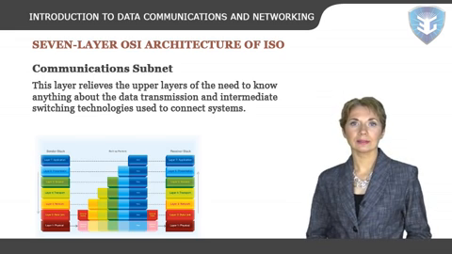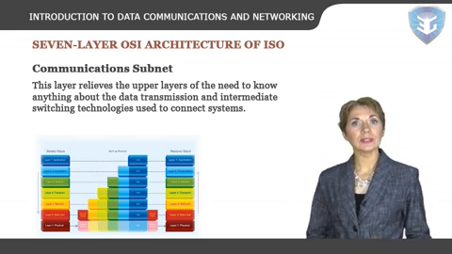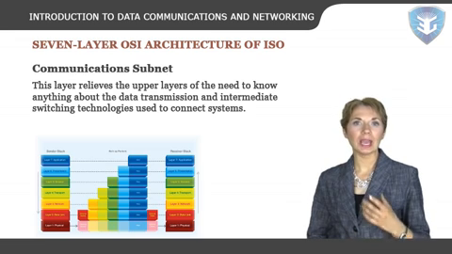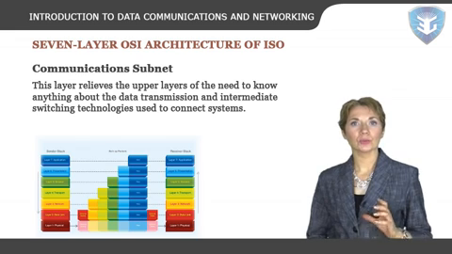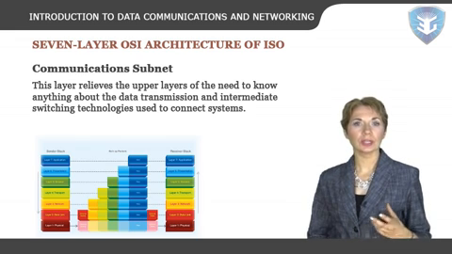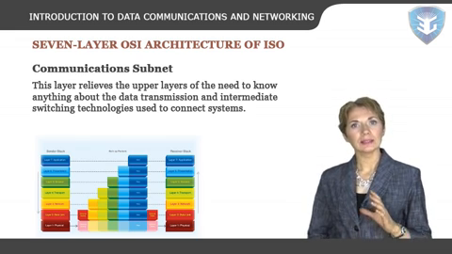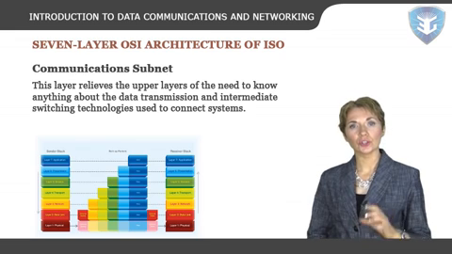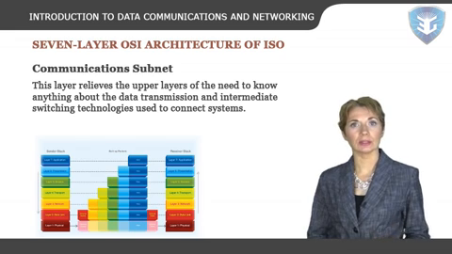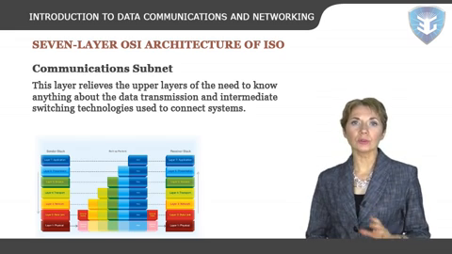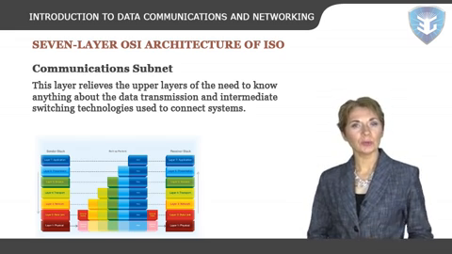Communications subnet. This layer relieves the upper layers of the need to know anything about the data transmission and intermediate switching technologies used to connect systems. It establishes, maintains, and terminates connections across the intervening communications facility, one or several intermediate systems in the communication subnet.